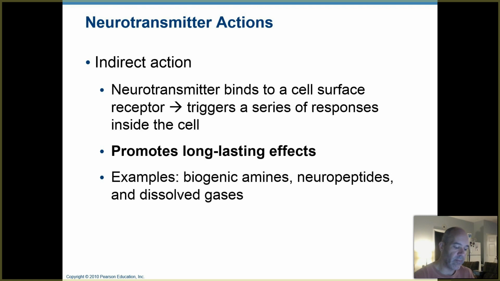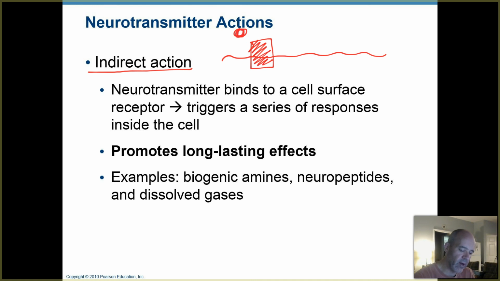Okay, and then some other types of neurotransmitters work indirectly, and I'm not going to go into details of this. Your textbook has a figure that shows this in a little bit more detail. But indirect action means, all right, if we've got a cell membrane here and you've got a receptor here, a neurotransmitter binds to its receptor.